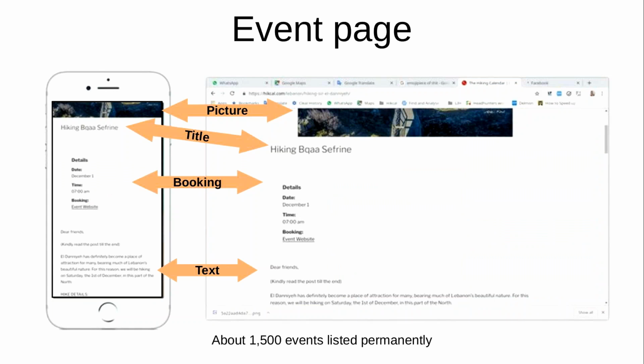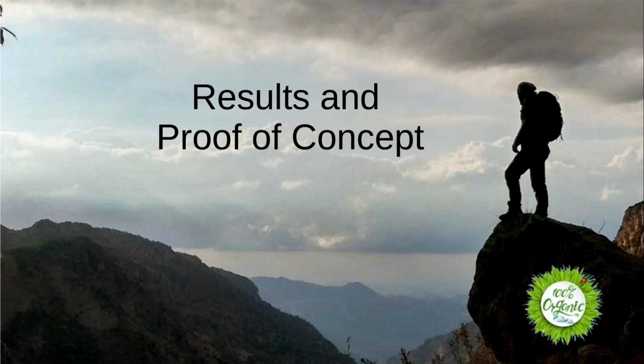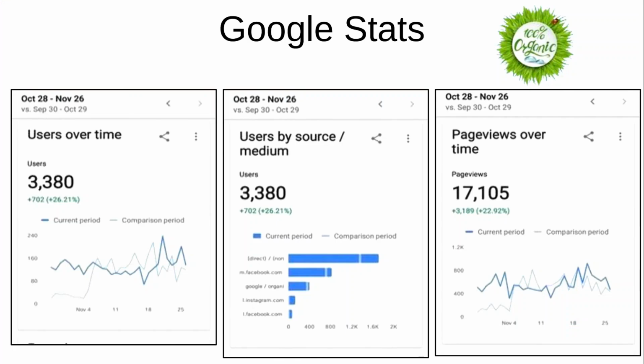So this is the hiking calendar, a very simple concept, just putting posts together, events together in chronological order. What are the results we achieved with this proof of concept product? On Google Stats, we have approximately 3,500 unique users per month.